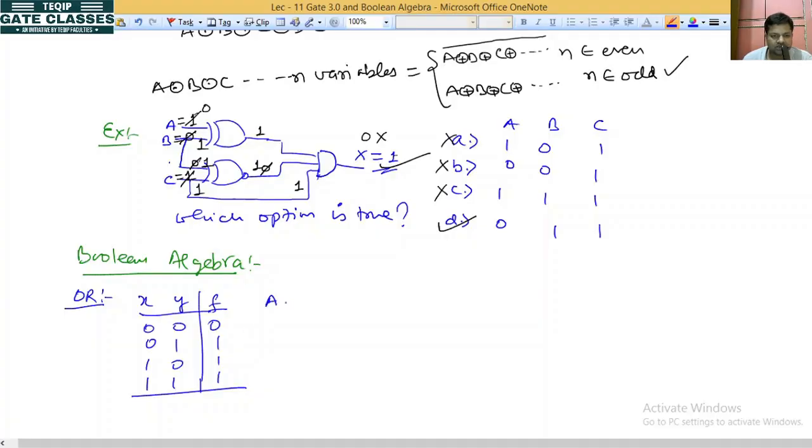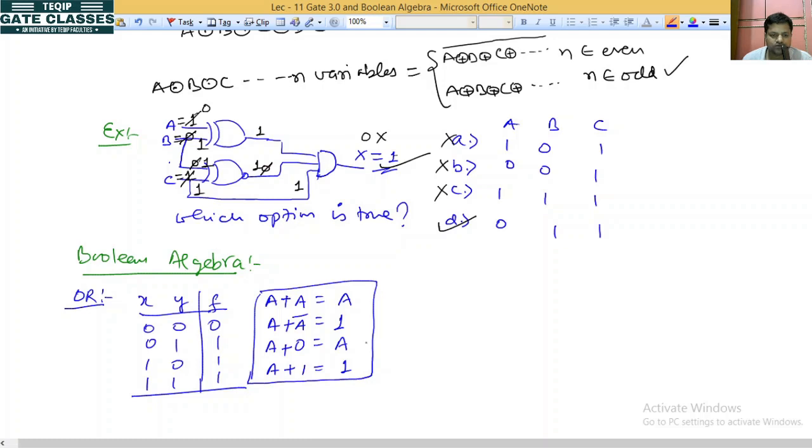We have studied earlier A plus A, A plus A bar, A plus 0, A plus 1. A plus A is A, A plus A bar means 0 and 1, so it will be 1, A plus 0 will be A, and A plus 1 will be 1 only. So these are some formulas of Boolean expression. The first one is this.